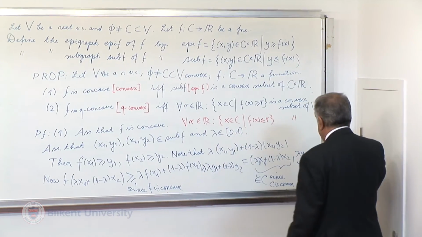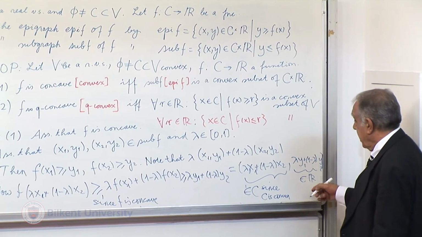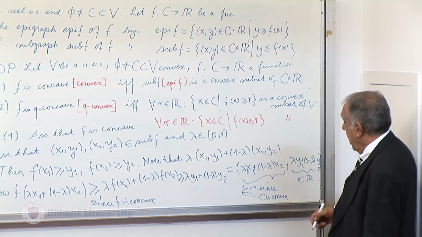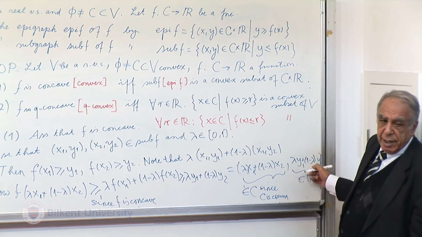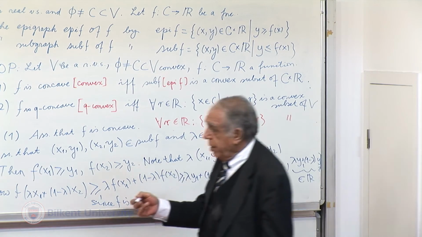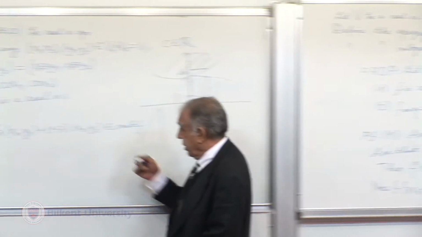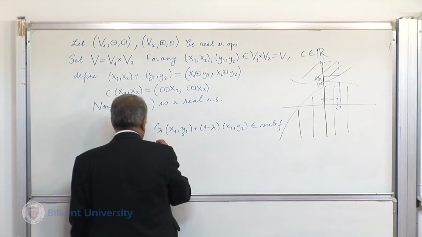Because that combination is equal to this. This is in C, this is in R, and f of the first component, that's larger than or equal to the second component. That's just the definition of subgraph of f.